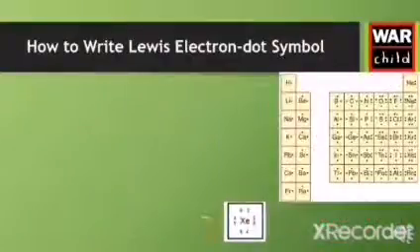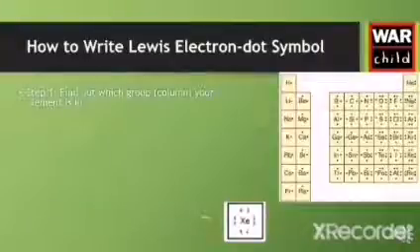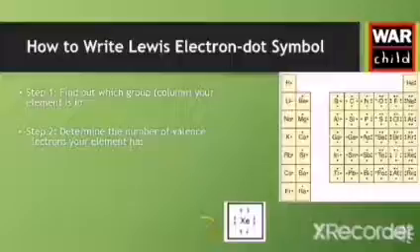Now we'll know how to write the Lewis electron-dot symbol. In step 1, we'll find out to which group our element is in. So we'll look at the periodic table and determine in which group the element is in. Then we'll determine the number of valence electrons that the element has.